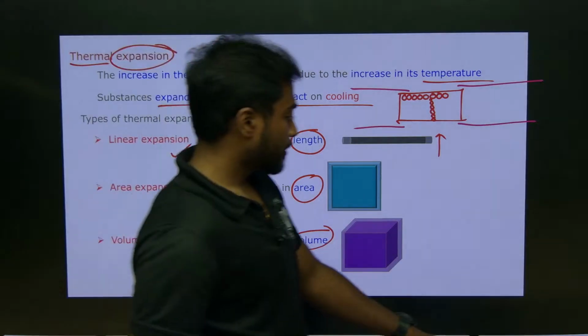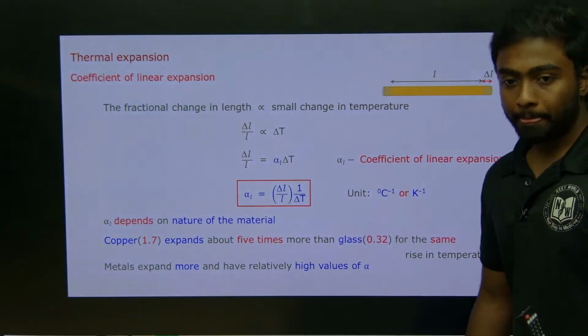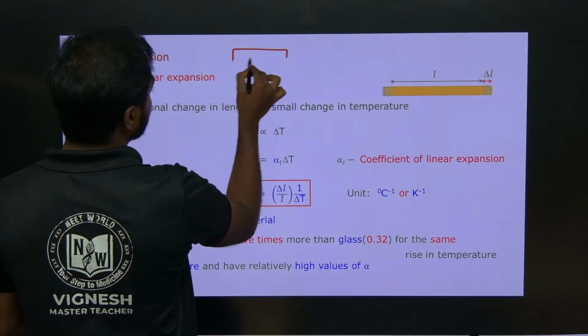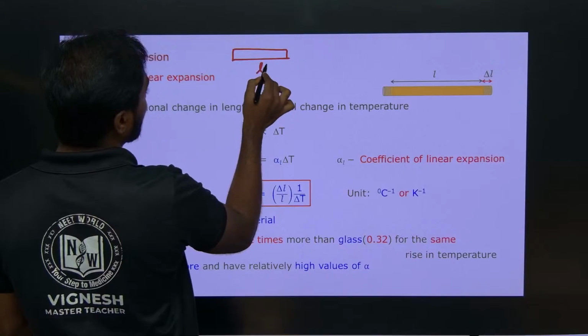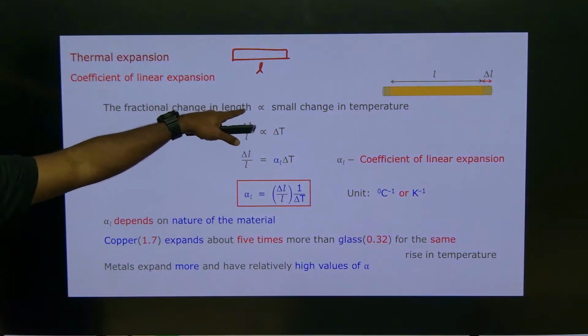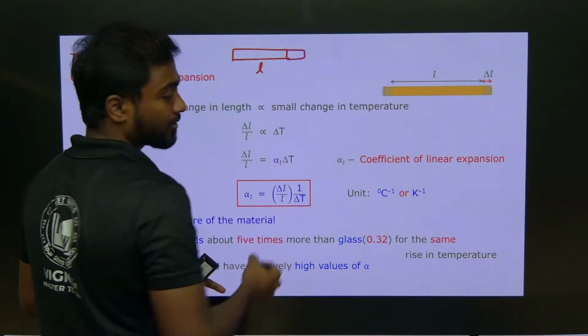So the next one, linear expansion. Usually when I talk about an object, let me say the object's length is L. If I give temperature to that object, the expansion takes place.